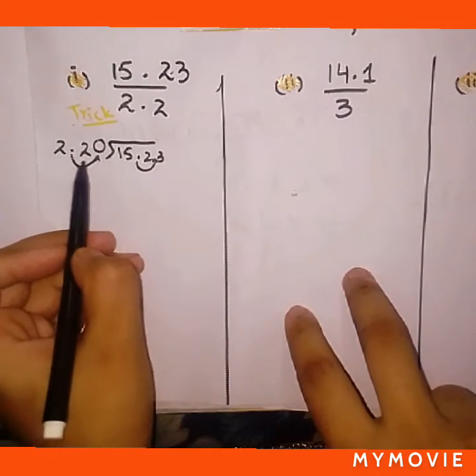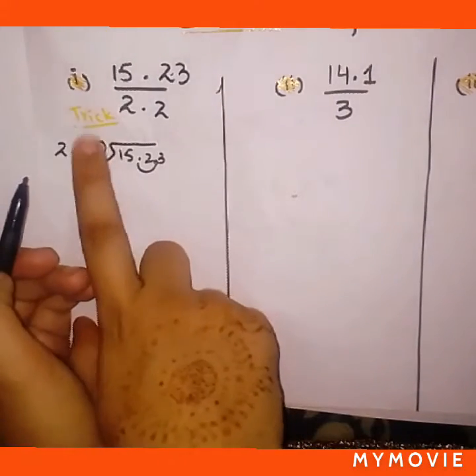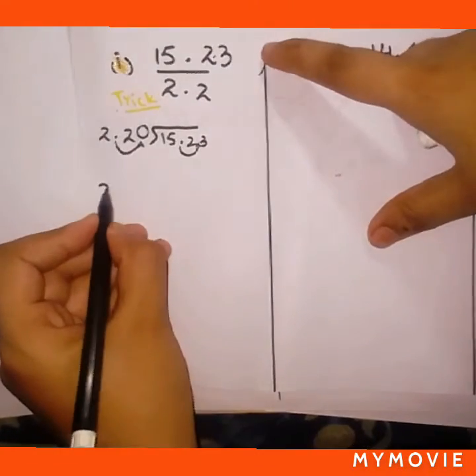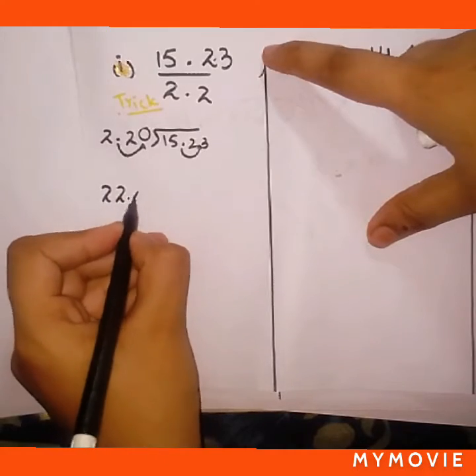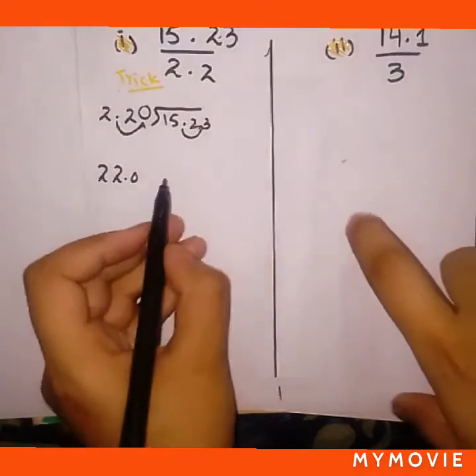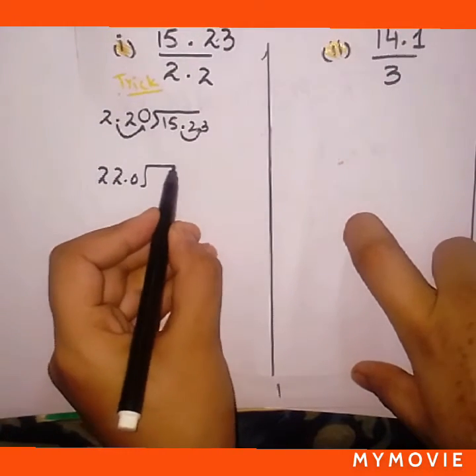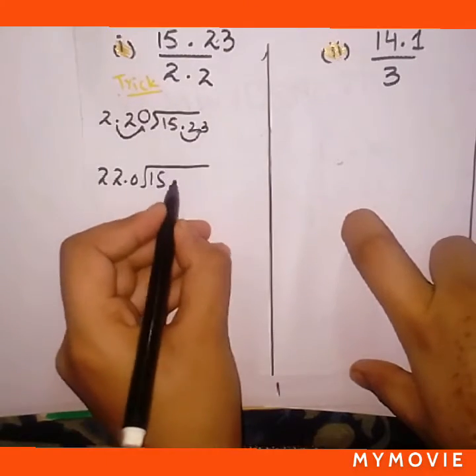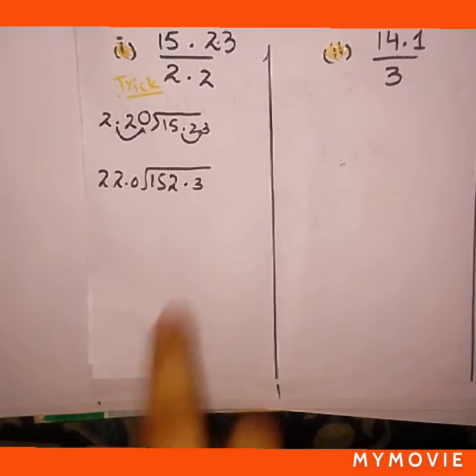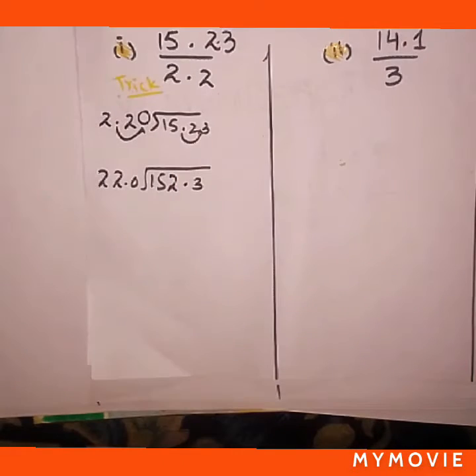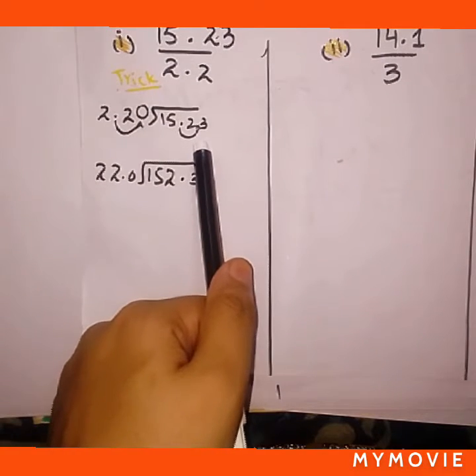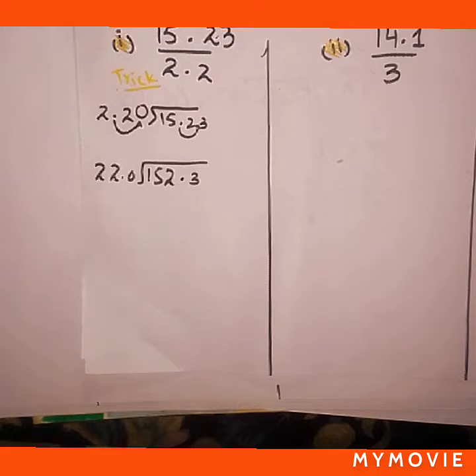When I shift the point one value, it will be written as 22.0, and there is no value of 0 after the point when it is alone, and the dividend becomes 152.3, because we already shifted the point to the next number. When we shift the point by one in the divisor, we have to shift the point in the dividend too. This is an easy trick.